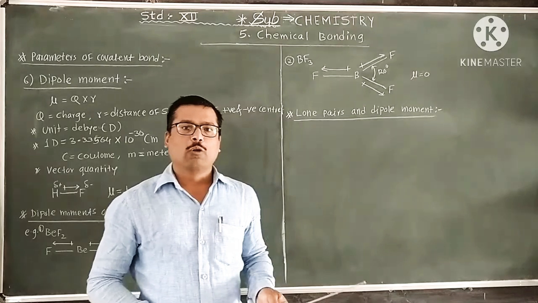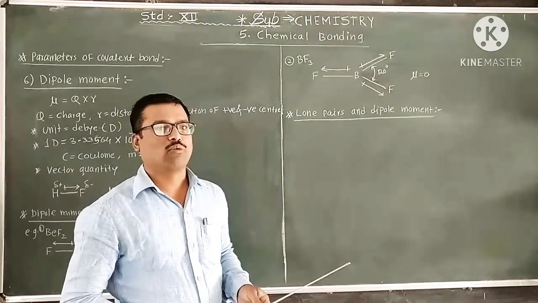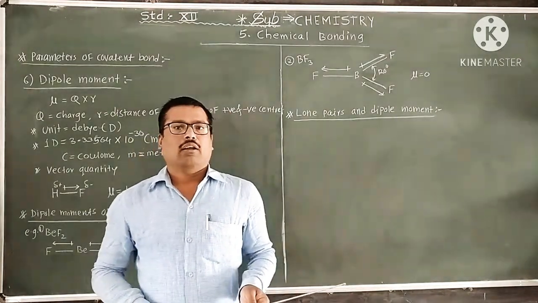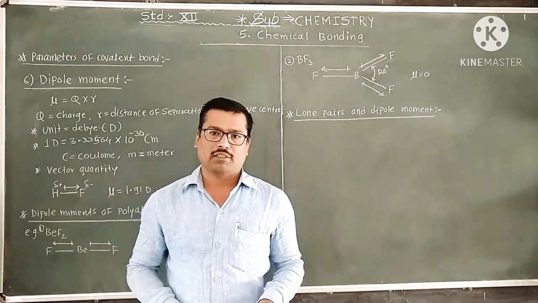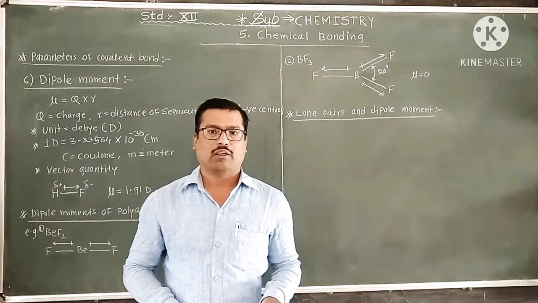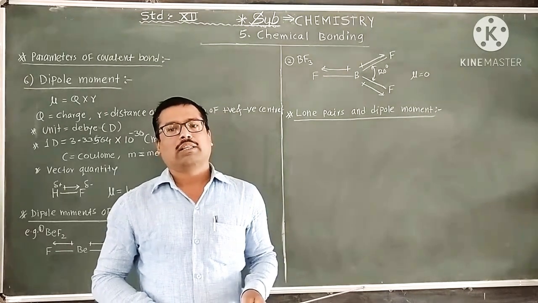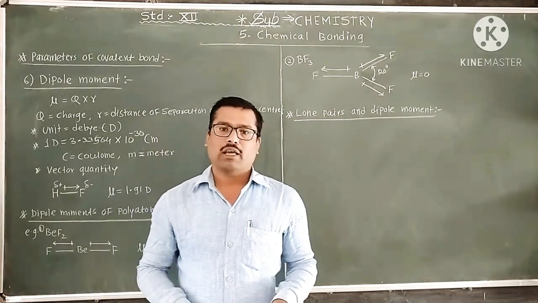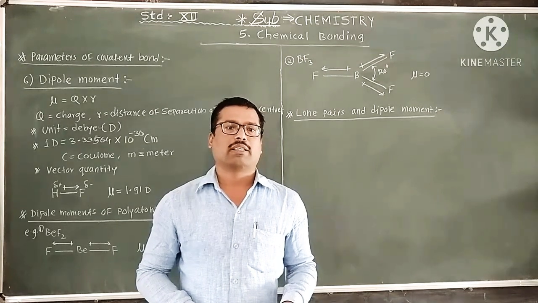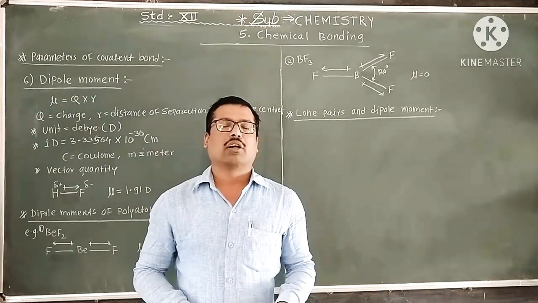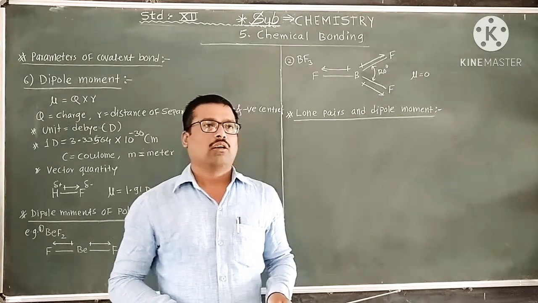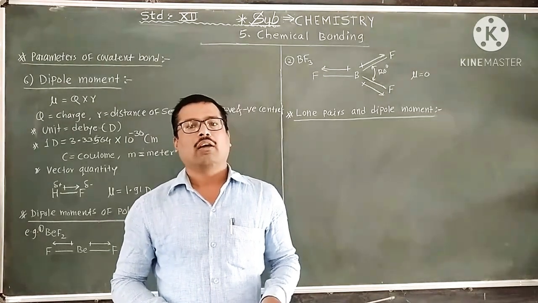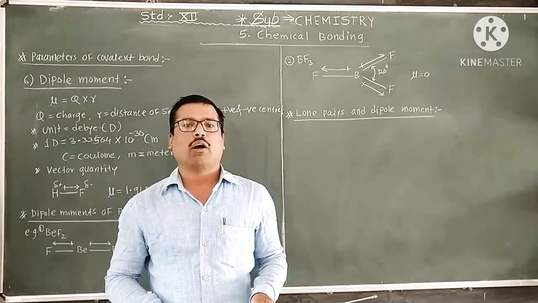Next point is lone pairs and dipole moment. In some cases, the central atom carries an unshared lone pair of electrons. In some molecules, the central atom carries an unshared lone pair of electrons. When electrons are shared in a molecule, the extra unshared electrons on it are what we call lone pairs of electrons.